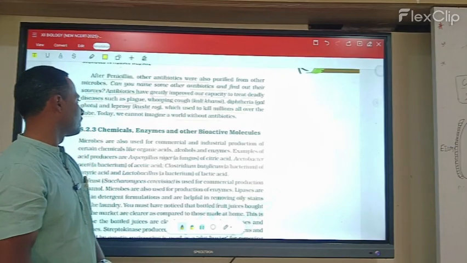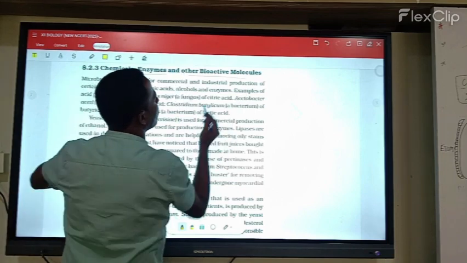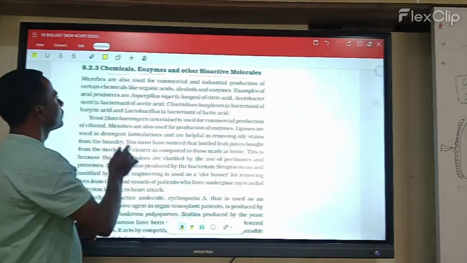Next, chemicals, enzymes, and other bioactive molecules.